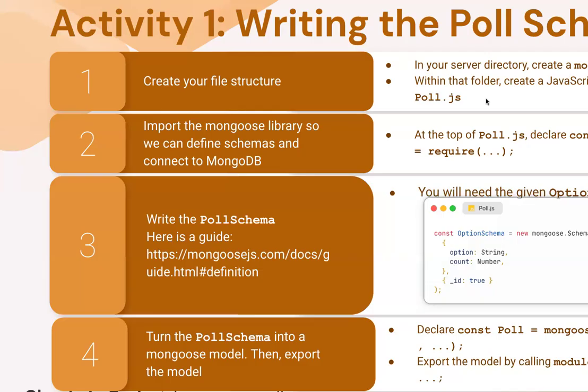This is the option schema, and then the option schema goes inside. So your poll is gonna have your owner ID, your title, and then it's gonna have this option schema inside there.